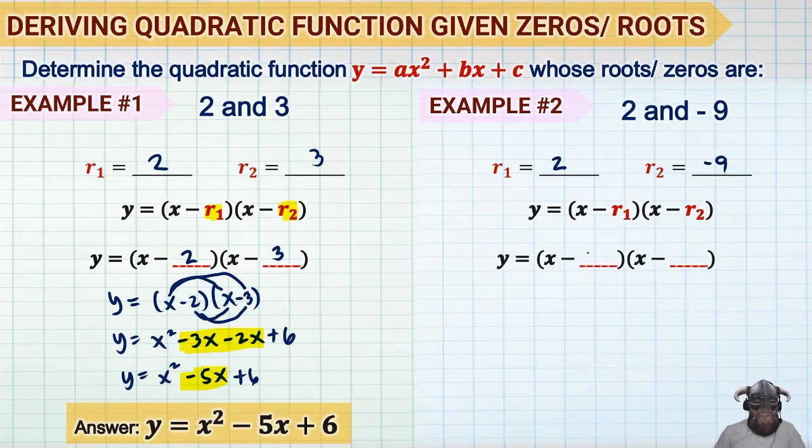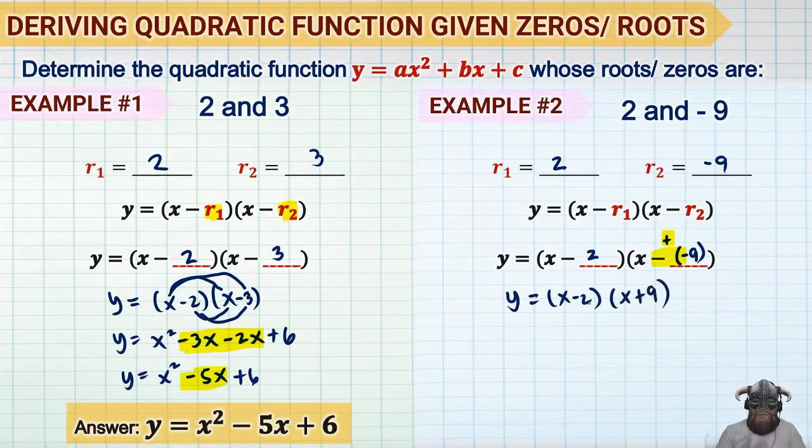R1 is positive 2 and R sub 2 is negative 9. Let's write the whole negative 9 even if there is a minus there, don't be confused. Next, let's rewrite y is equal to x minus 2. Then, if you notice here, minus negative 9, so we can set this one as plus already. It will become x plus 9.